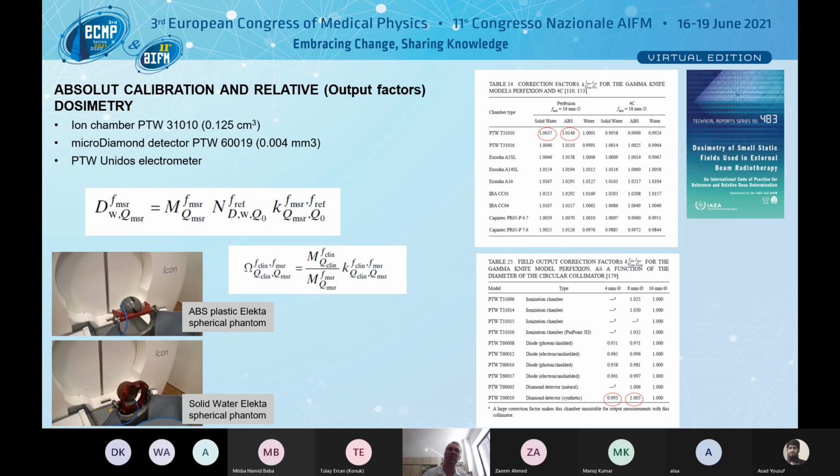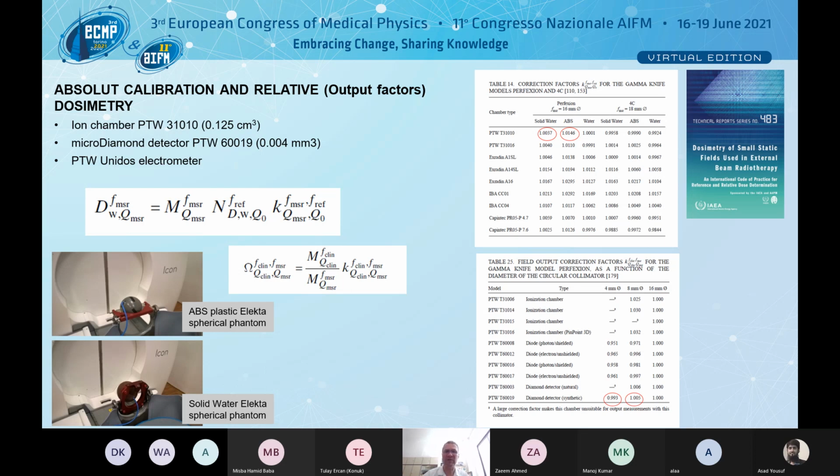I would say don't go above this volume, and you should be safe then. You should not end up with any significant errors for both relative and absolute dosimetry. The document has actually what we should do, how we should do it, and with what kind of detector, even with what kind of phantom.